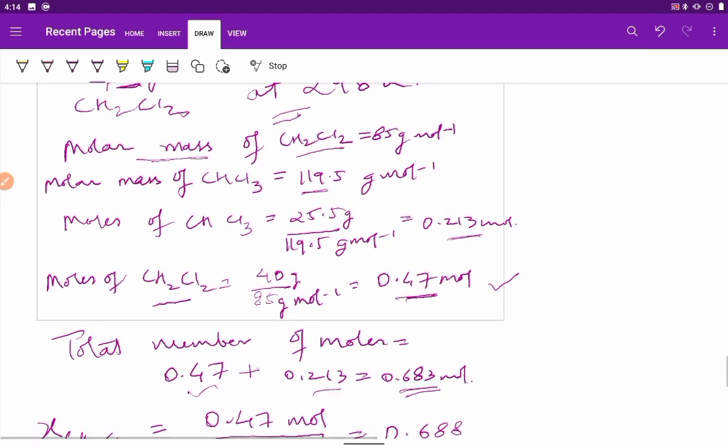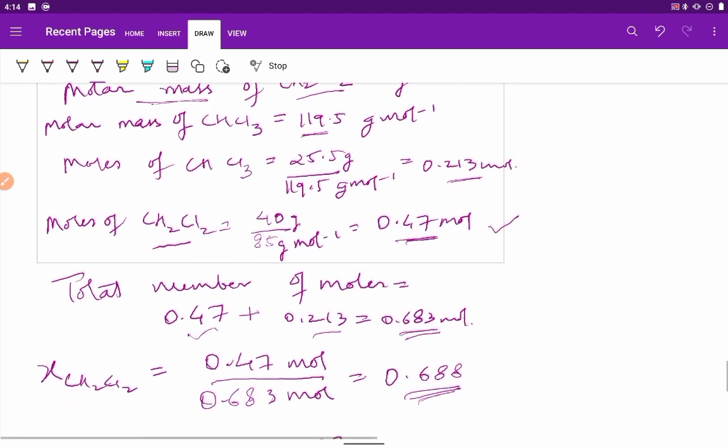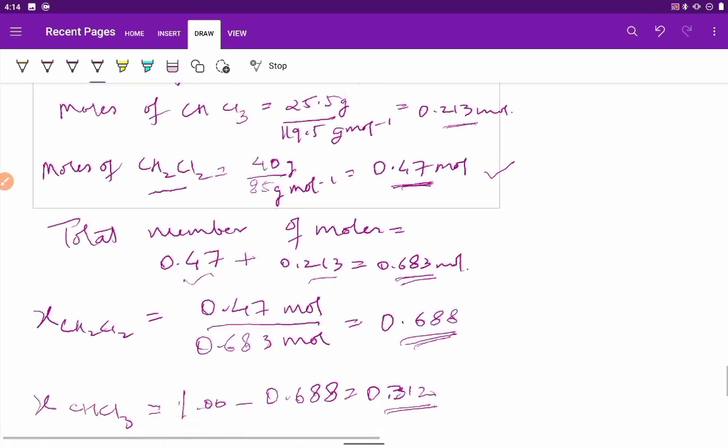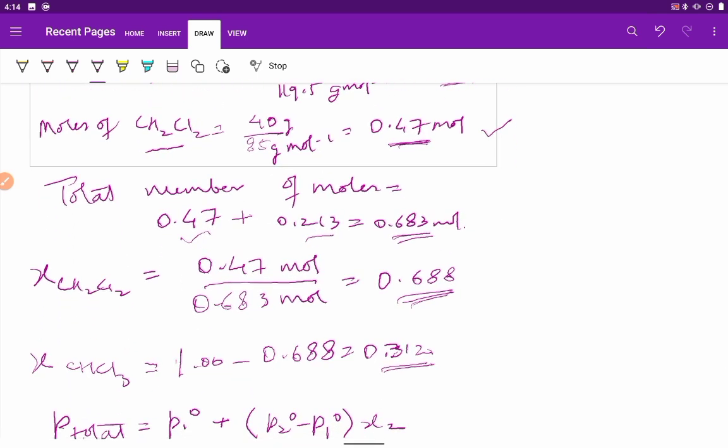Total number of moles equal to 0.47 plus 0.213, that is equal to 0.683 moles. So we find X for CH2Cl2, so this 0.47 we observed here, divided by 0.683 mole, which is the total number of moles, we get 0.688. So X for CHCl3 will be 1 minus 0.688, that is 0.312.